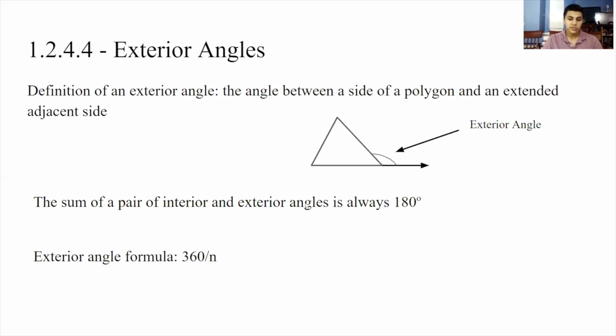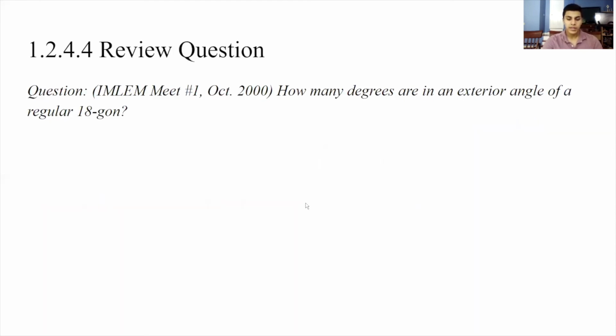So we created this formula to figure out the measure of one exterior angle in a regular polygon, where all the exterior angles would be the same. And then the final thing that we did is we went over our first review question from an actual competition, to find the total number of degrees in an exterior angle of a regular 18-gon. And we figured out that was 20 degrees.